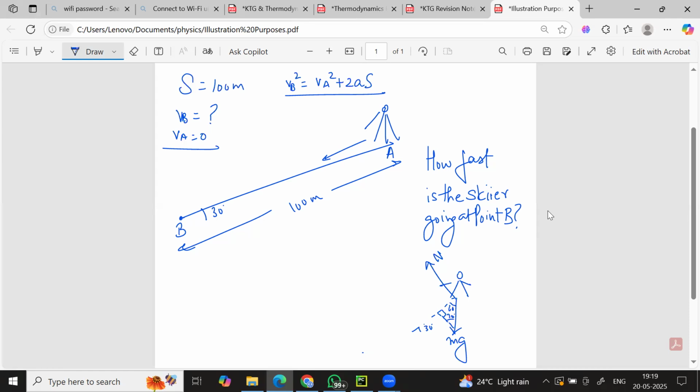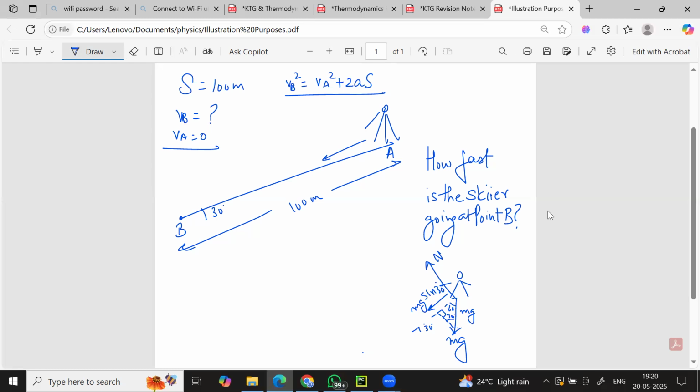So the component of weight along this direction is essentially mg times sine 30, because height upon hypotenuse is sine, and sine 30 is this height upon mg.